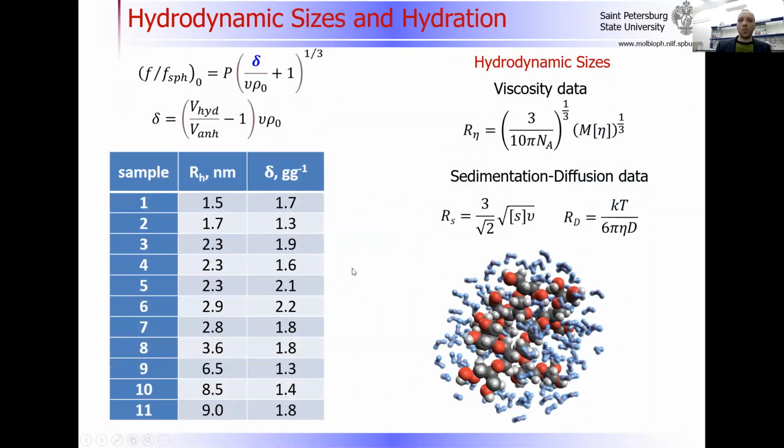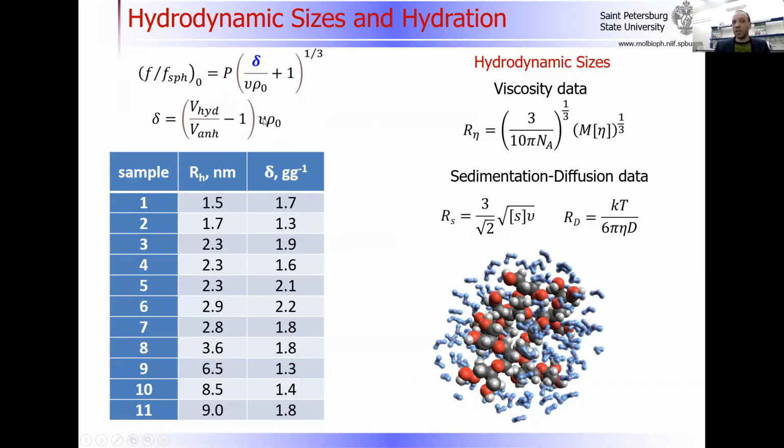we remember that the friction ratio is related to the shape parameters, but as well it is related to the hydration. And in this case, since we know that we have a rigid spherical conformation, all this effect should be related to the hydration.